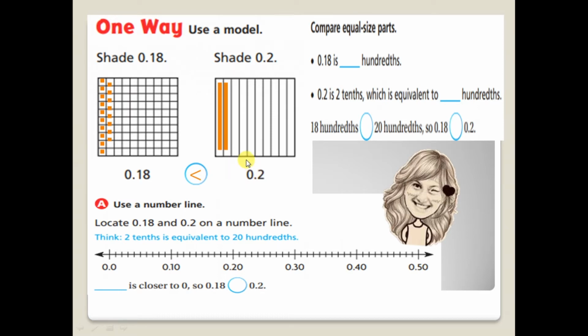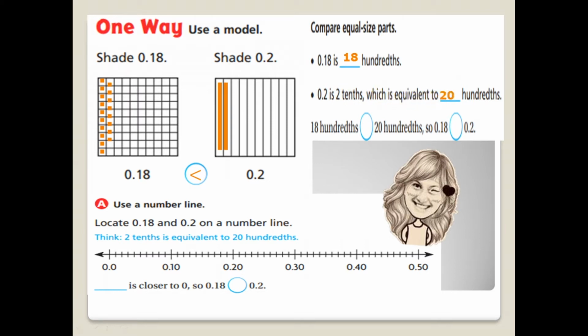Another way to compare numbers is to compare equal-sized parts. So for example, 18 hundredths: how do we write it? In the hundredths place it will be 18. Just 18 hundredths. Okay, 18 hundredths. 0.2 is 2 tenths. Can I write it in hundredths? Yes, I can. It is 2 in the tenths place and 0 in the hundredths place, so it will be 20 hundredths.